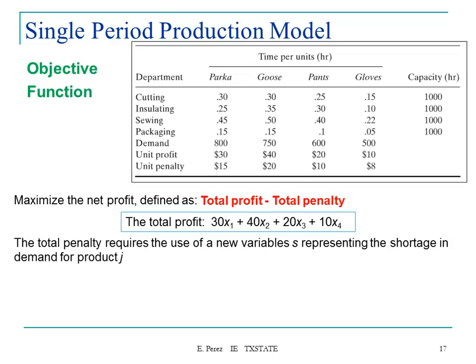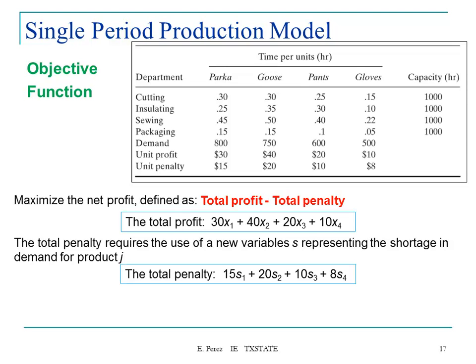I'm going to call that variable S. So the total penalty requires the use of a new variable, S, representing the shortage in demand for product J. You'll see how this variable is used in the constraints so we can formulate the problem properly.